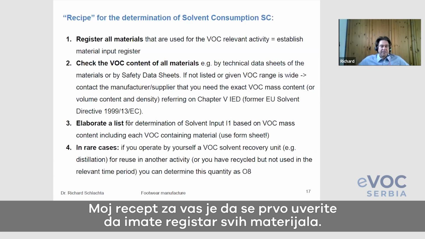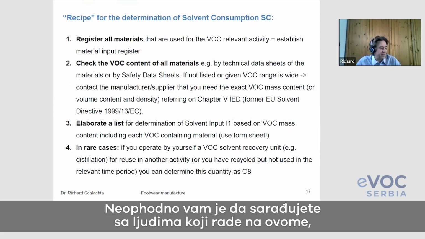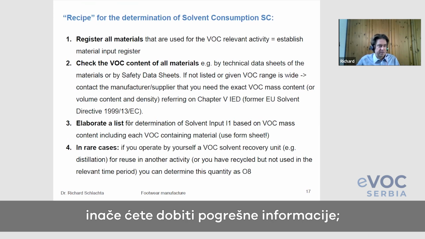My recipe for you is, as I told you, you first have to make sure that you have a register of all materials. And I can tell you, it is really necessary that you visit and cooperate with the people who do the work, because otherwise maybe you get wrong information.